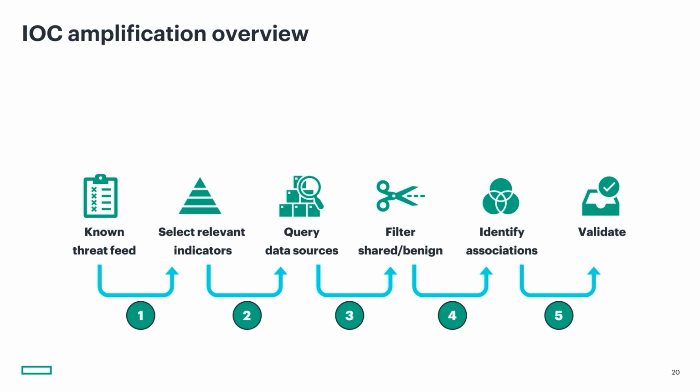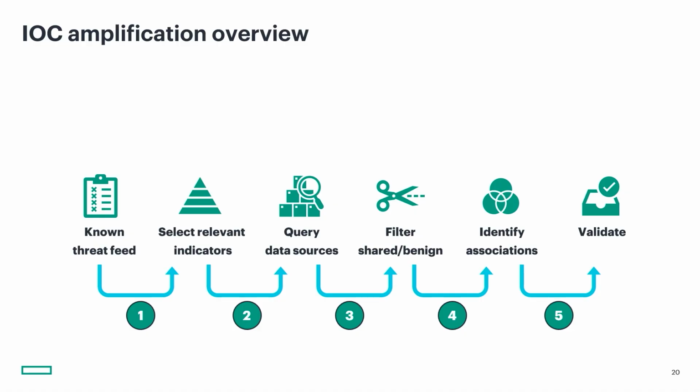Then we go back to query our data sources, the main one being that passive DNS. Once we're done with that, we obtain a much larger data set that we need now to pare down to something more realistic. And I'll tell you why we need to do that. And finally, we identify the associations between what we think is malicious.